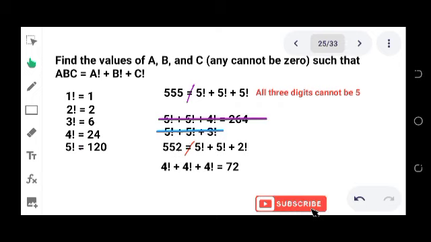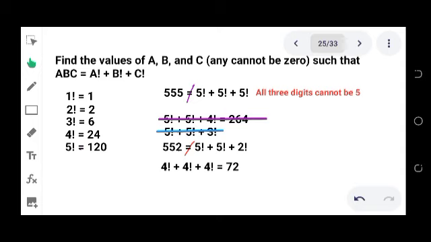Now, let's go to 4 factorial. The highest possible sum that we can get when we use 4 factorial is when we use 4 as the value of a, b, and c. So a factorial plus b factorial plus c factorial is equal to 4 factorial plus 4 factorial plus 4 factorial, and that gives us 72.